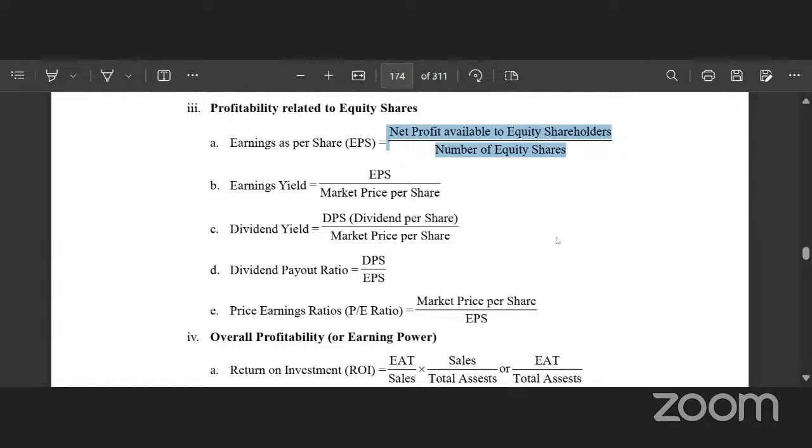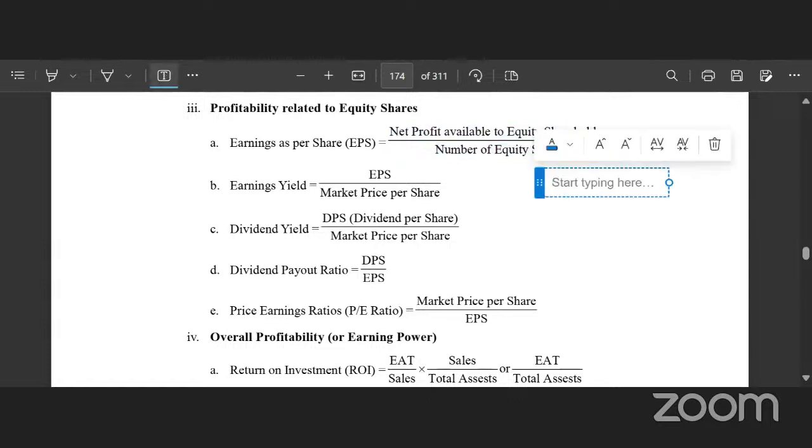Suppose earnings per share is 10, dividend per share is 4, and the market price of the share is 100.